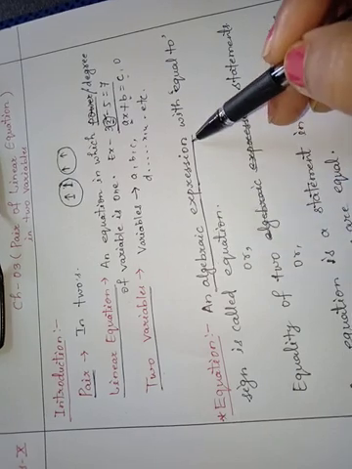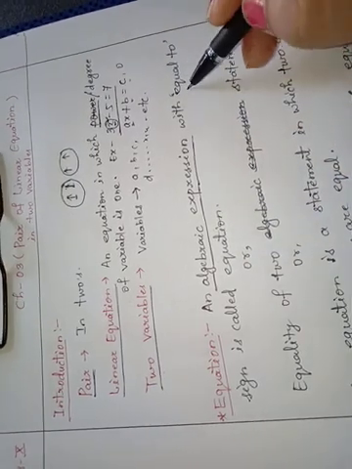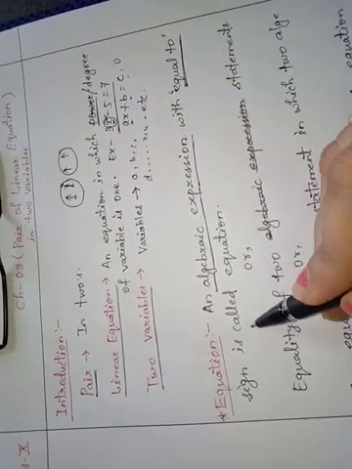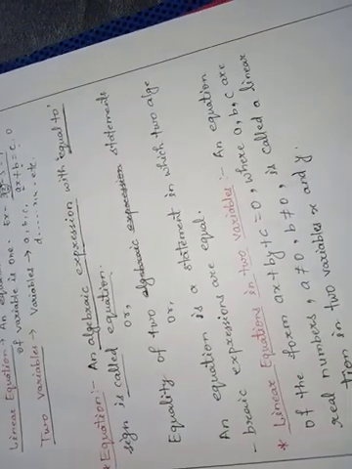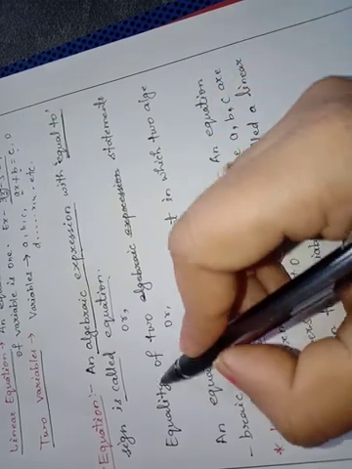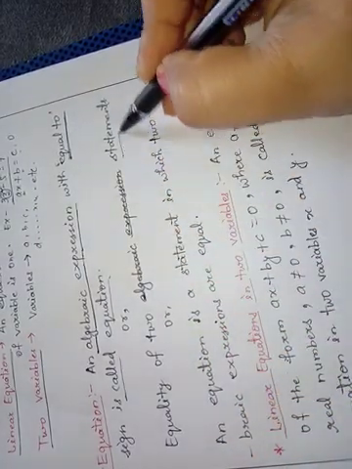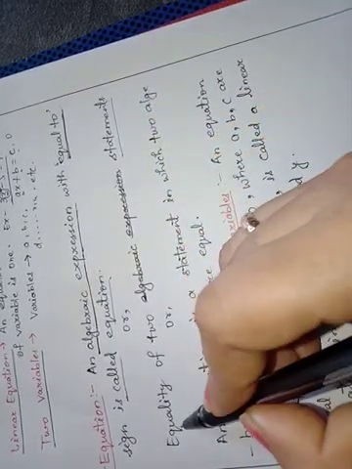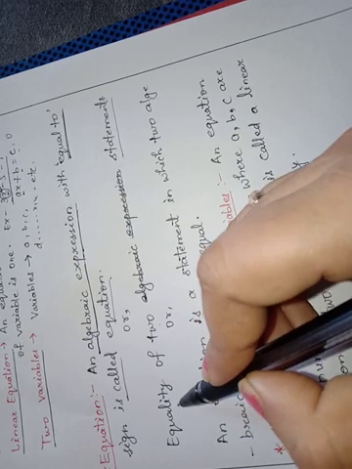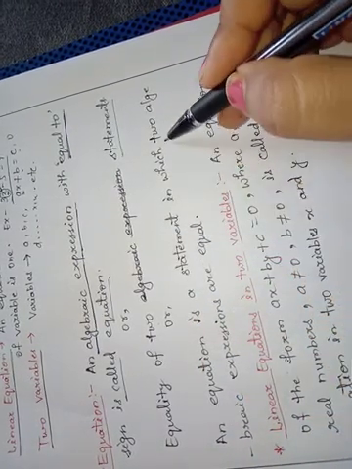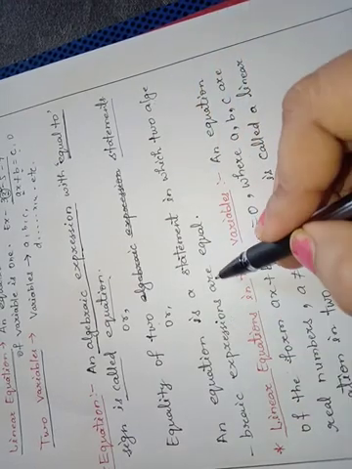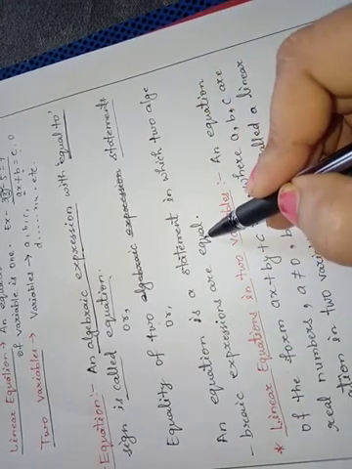So an algebraic expression with sign equal to is called equation, or equality of two statements. Equality of two statements is also known as equation. Third definition, an equation is a statement in which two algebraic expressions are equal.